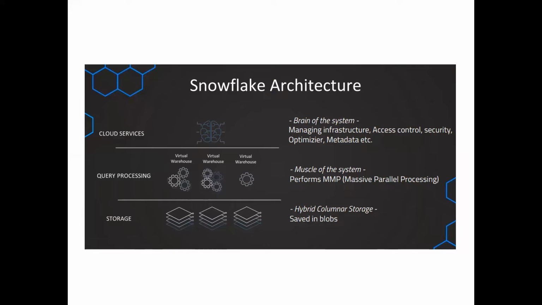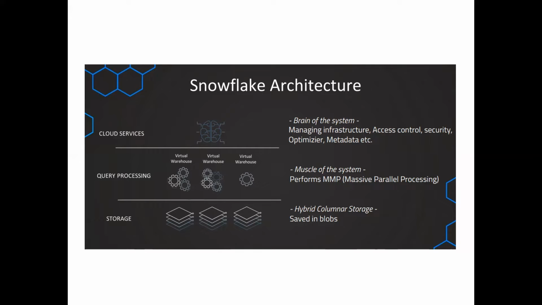You should be able to answer questions like what the cloud services are and what they do. The terms mentioned here say that cloud services is the brain of the system. It helps in managing infrastructure, access control, security, optimization, and the metadata. Then comes the next layer, the query processing layer, which consists of virtual warehouses, and it is also called the muscles of the system.